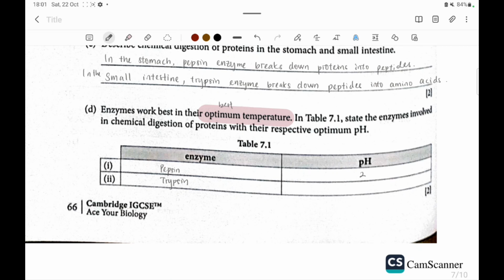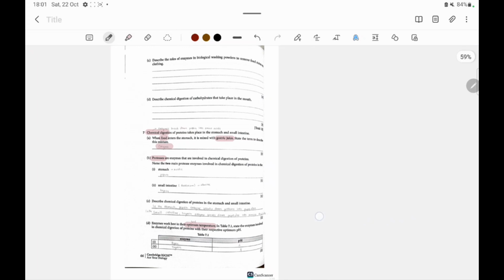This one slightly alkaline, so it's 8. Okay, and then let's continue.